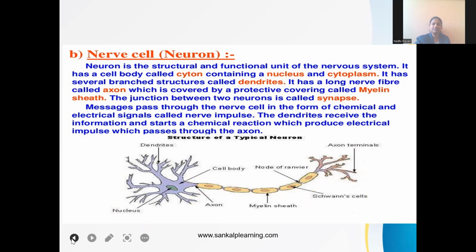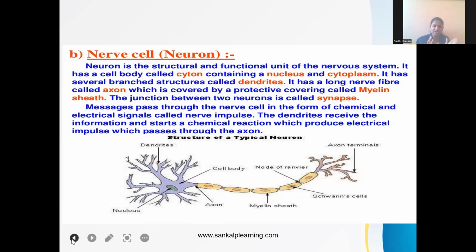Let us study the neuron here. The neuron is the structural and functional unit of the nervous system, as we all know. The whole cell body is called the cyton. The cyton consists of the nucleus and the cytoplasm, a fluid inside the cell, and it has dendrites, which are several branching structures. Then it has a very long nerve fiber called the axon.